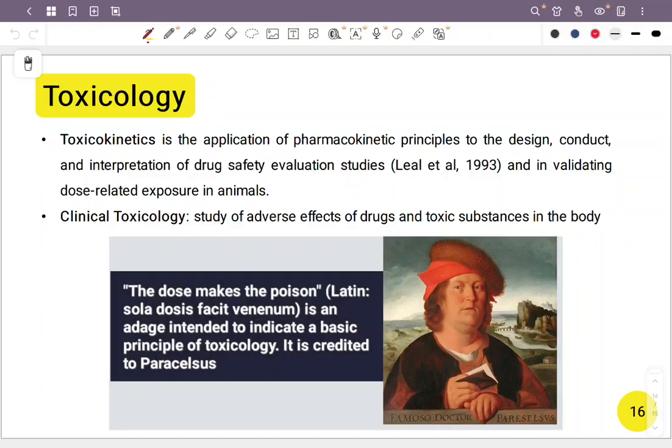Then, another term is our clinical toxicology, which is the study of adverse effects of drugs and toxic substances in the body. So, diria guys, kaning clinical toxicology, mura siya pharmacology, pero focusing on the toxic effects of our drug. So, it discusses how drug affects our body in a toxic level. So, unsa ba ang mga toxic effects sa atong drugs? So, that's it for our toxicology.